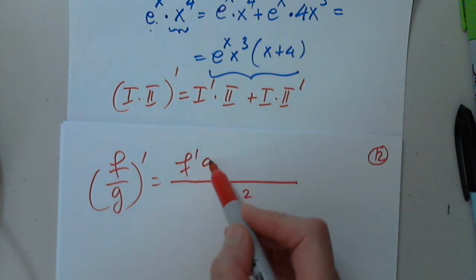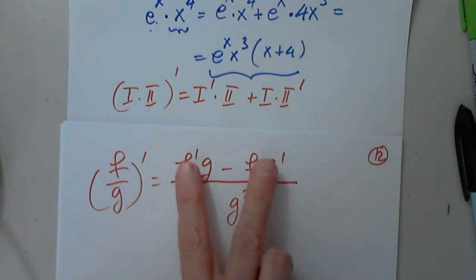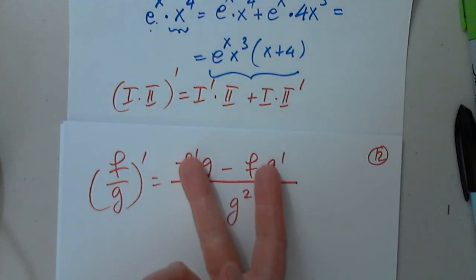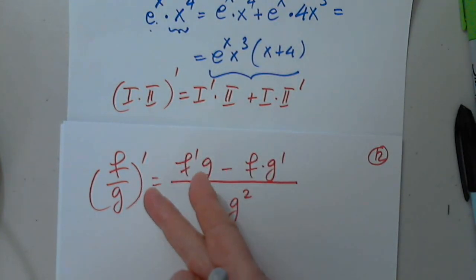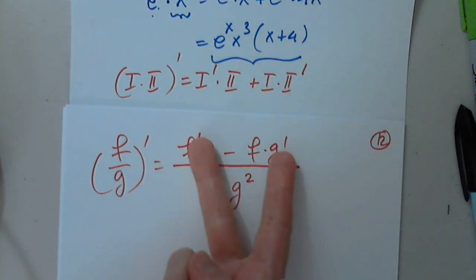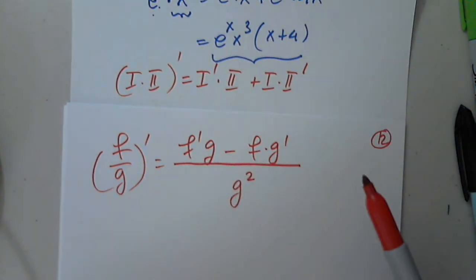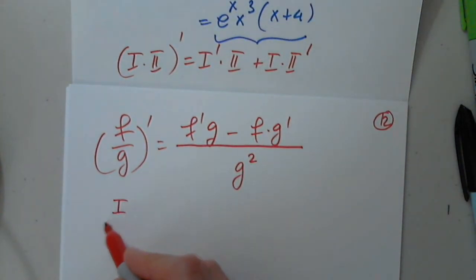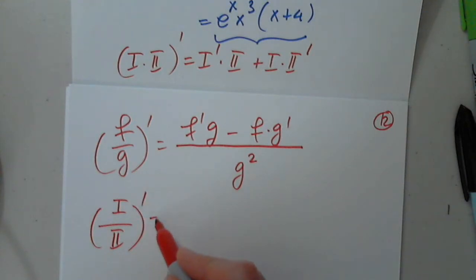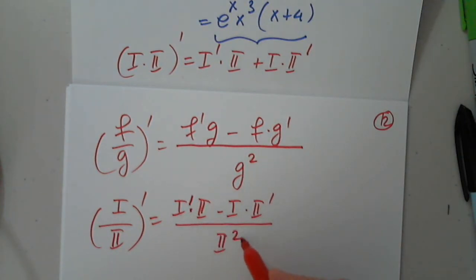So it's f prime g minus f g prime. If you twist these two, then it's wrong. If you twist them in here and here, that's fine. But be careful, don't twist these. If you keep it as 1, 2, 1, 2, I think you're never going to make a mistake. So 1 over 2 is 1 prime times 2 minus 1 times 2 prime over 2 squared.